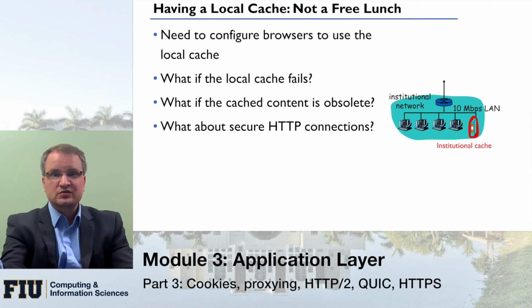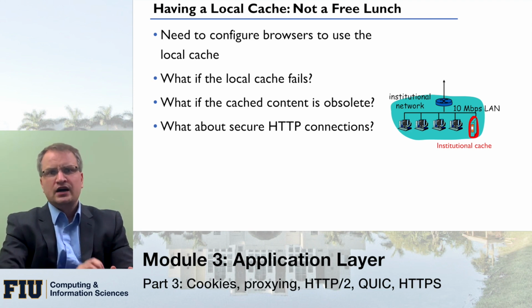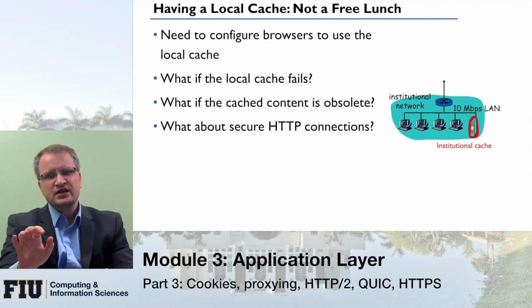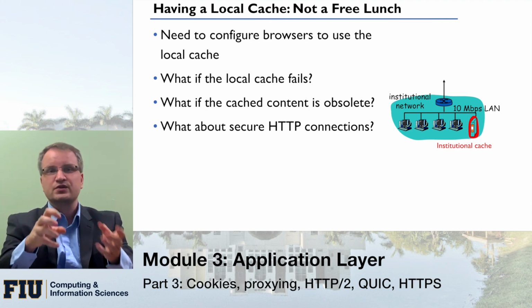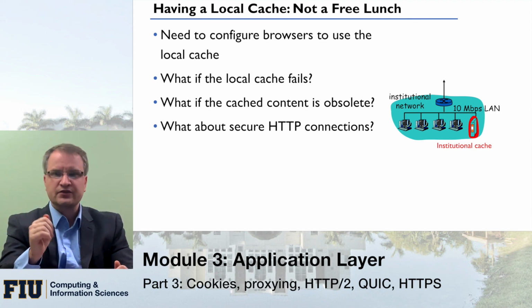Sometimes it's easy, sometimes your local DHCP server actually provides you this information, or sometimes you have to discover it on your own. Just a side note, it's not used too much today in the form of an institutional proxy, but it still exists. I think FIU may still have a proxy server, and I'll get to that in a second.